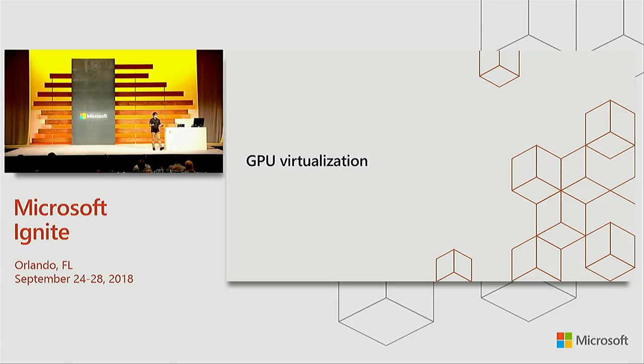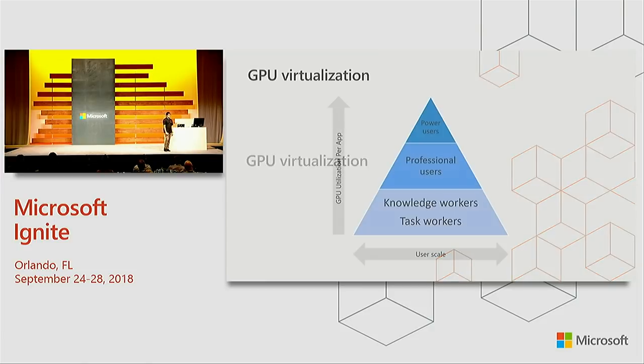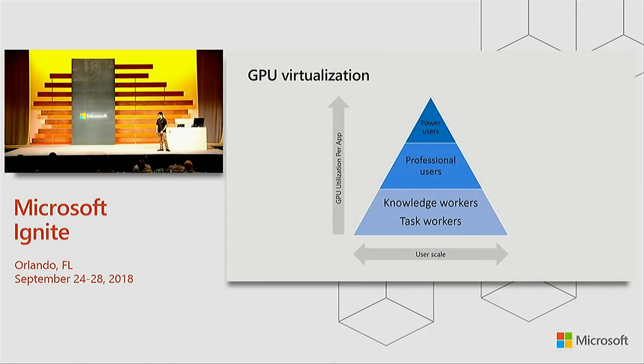And so as part of Windows RDSH, you'll know that GPU virtualization and graphic acceleration are a big part of the end user experience. Some of you might have seen this lovely triangle before. For us, it's a great way to visualize the amount of users across the amount of graphic acceleration they might need.